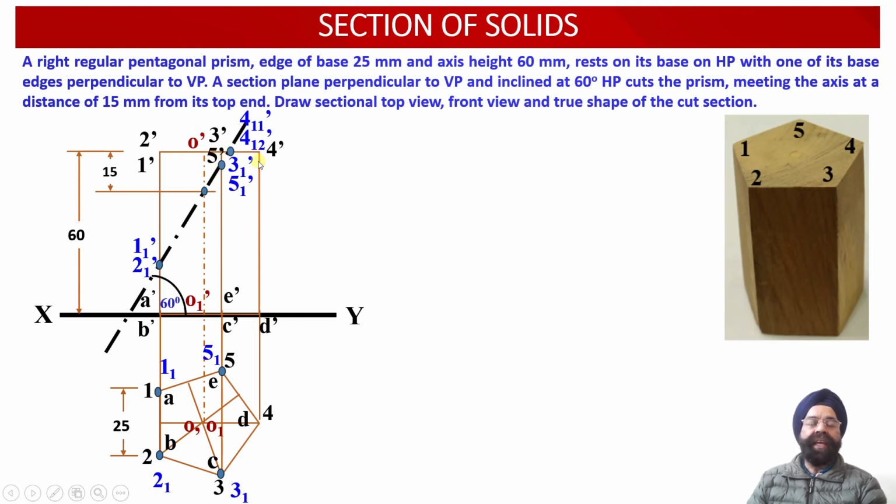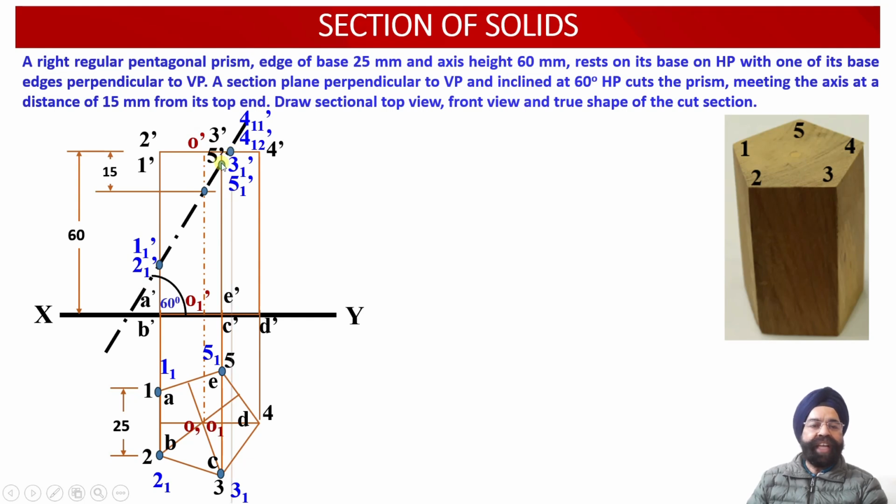Now next we have got 2 points over here, 4 1 1 dash and 4 1 2 dash. The 4 1 1 dash point lies on the top face edge 3 dash 4 dash, while point 4 1 2 dash lies along the top face edge 4 dash 5 dash.